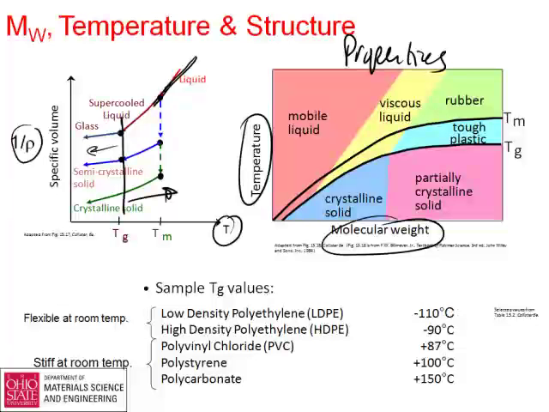So as molecular weight goes up, you tend to see things that are generally more crystalline, although this graph doesn't show it. You can see crystallinity at both sides. I actually believe as weight goes up, crystallinity tends to go up also.